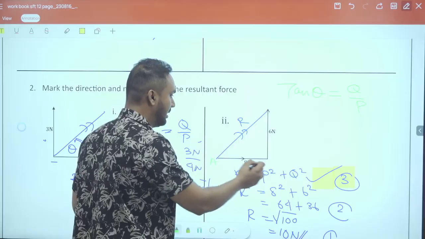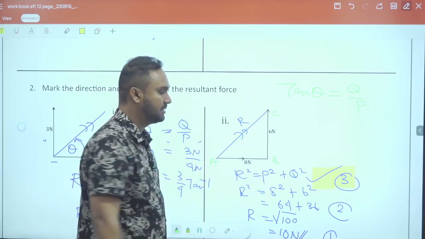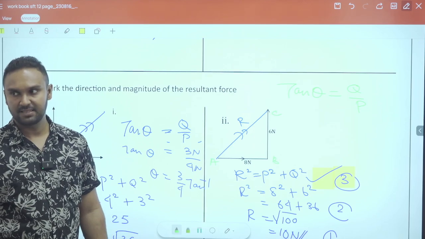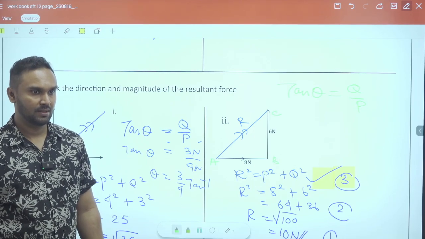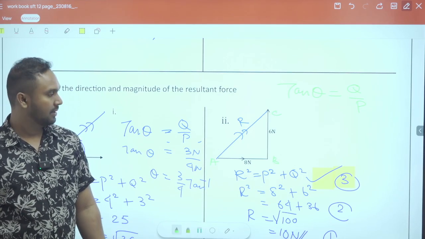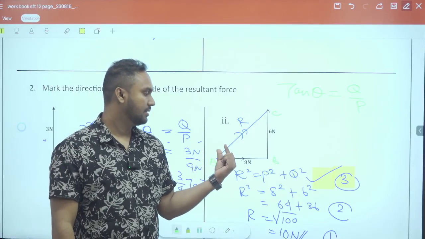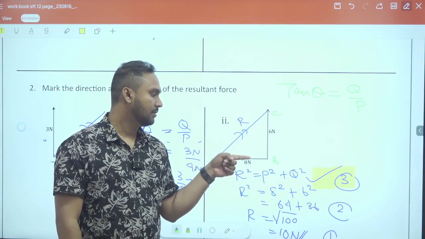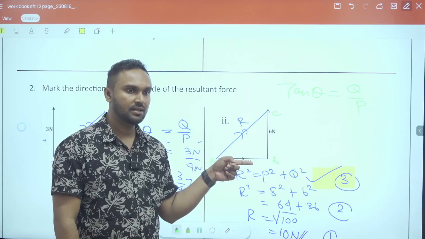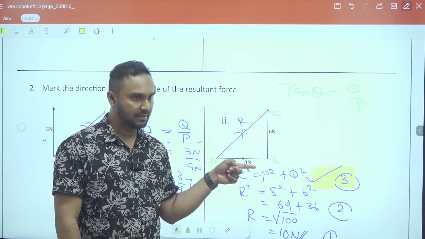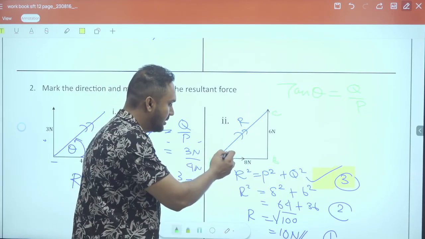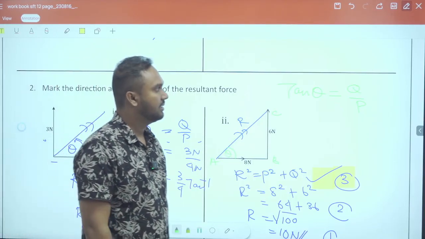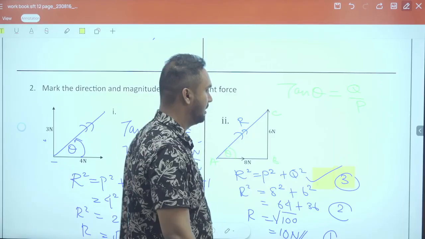If I take it as A, B, C, which one is theta? A, because theta, or the angle, is the angle which the resultant force makes with the horizontal plane or the x axis, which is here. Now it's theta, right? So tan theta equals Q over P.